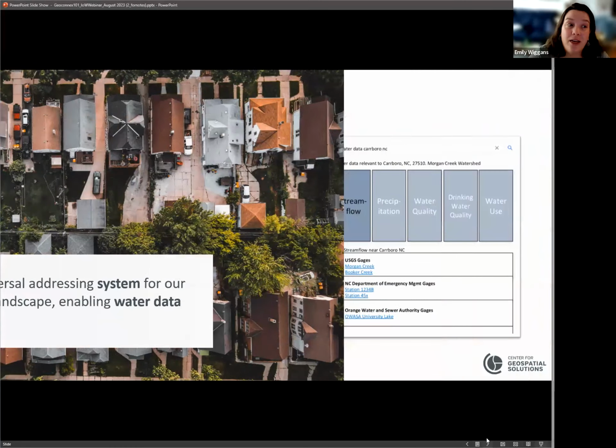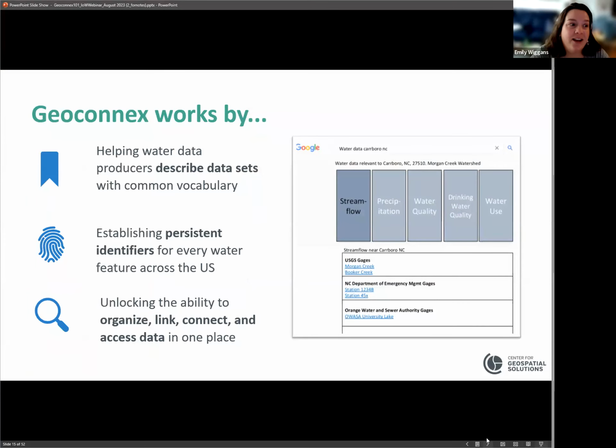So how that happens in Geoconnex is by helping water data producers describe data sets with a common vocabulary. Furthermore, we're referencing data in the same way, using what are called persistent identifiers that are both unique but also flexible. And that combination allows us to organize, link, connect, and access data both ourselves and for web crawlers like Google.